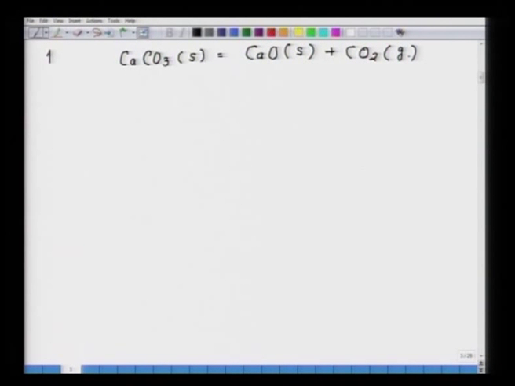This is the decomposition reaction. Now, we have 840 kg CaCO3. We are taking 1000 kg limestone as the basis. The basis has already been given in the problem, 1000 kg limestone.